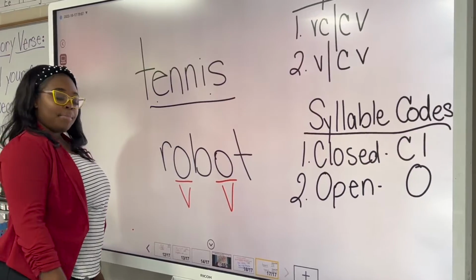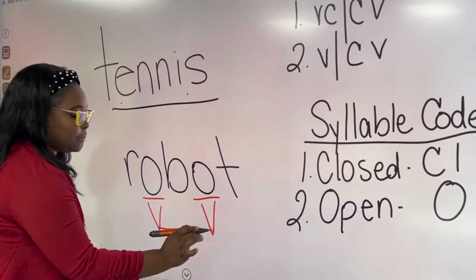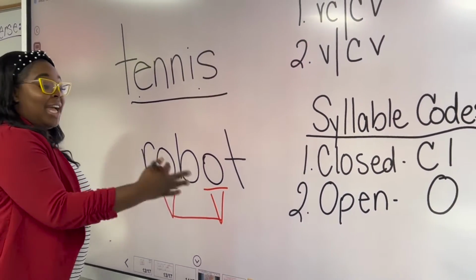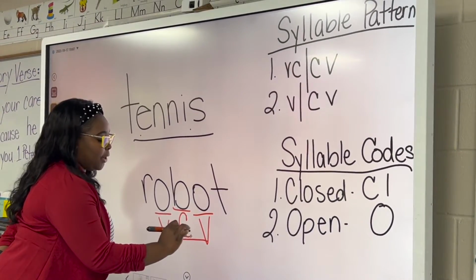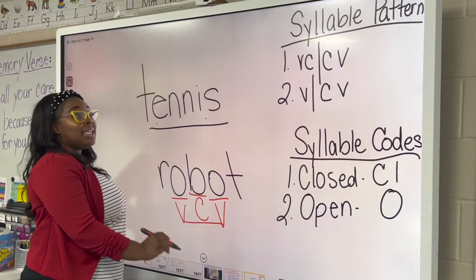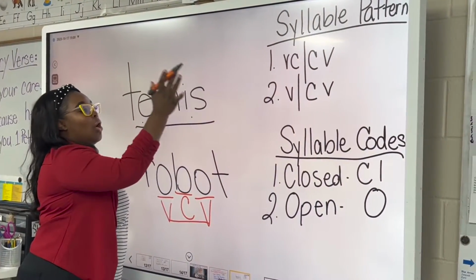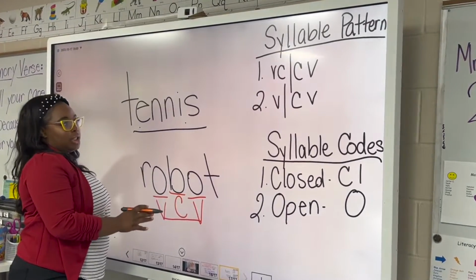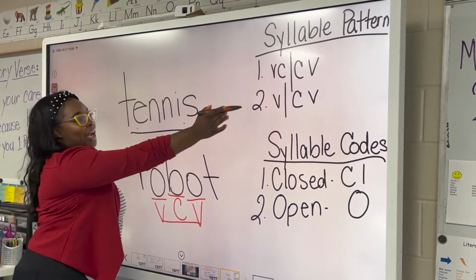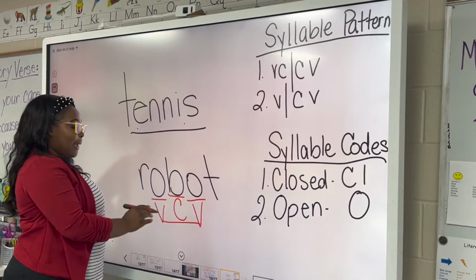Marking with the V, and then I'm going to draw my bridge. Okay? Do I have any consonants in between? Yep, I sure do. I'm going to mark it with the C. Okay, so I'm going to look at my syllable pattern to see which one of these patterns this word fits into. It looks like it's pattern 2. So I'm going to slice right behind the vowel.